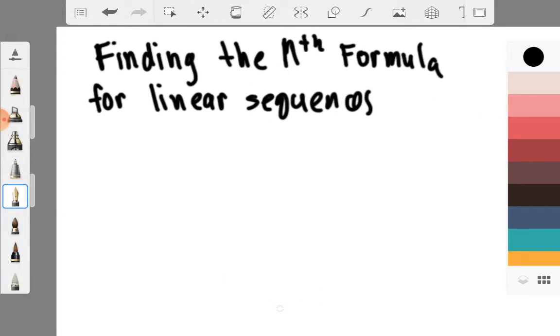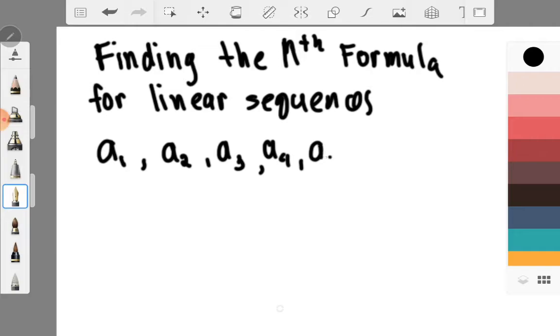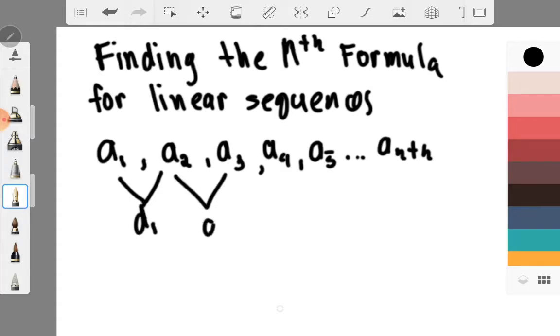So, if we have, let's say, a sequence A1, A2, A3, A4, A5, up to AN, I may say that it is a linear sequence when they have the same D1, D2, D3, D4.